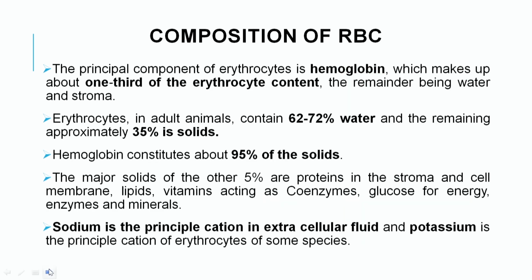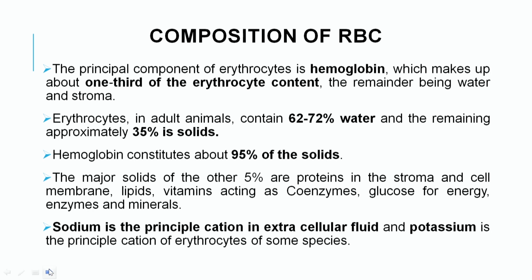Composition of RBC. The principal component of erythrocytes is hemoglobin, which makes up about 1/3 of the erythrocyte content, the remainder being water and stroma. Erythrocytes in adult animals contain 6.2 to 7.2% water and the remaining approximately 35% is solid.